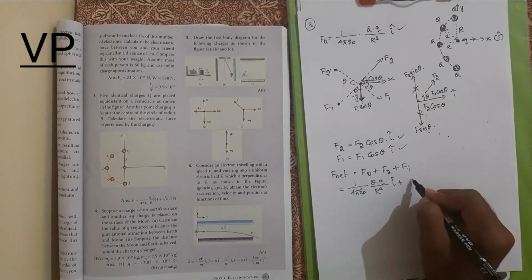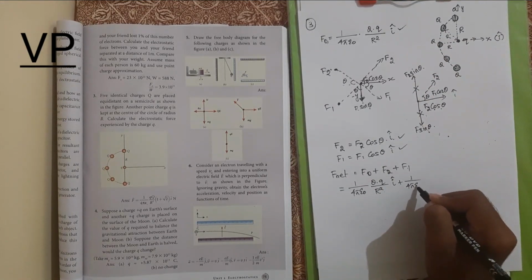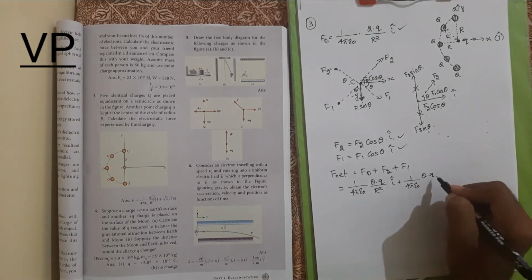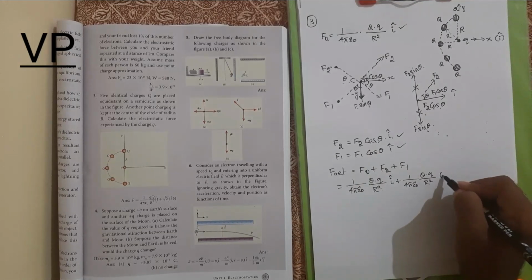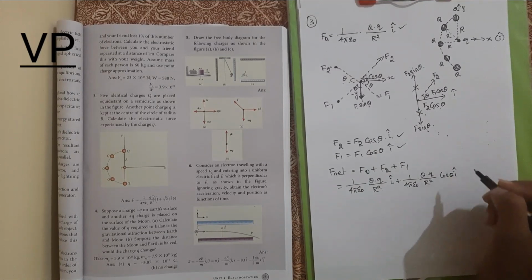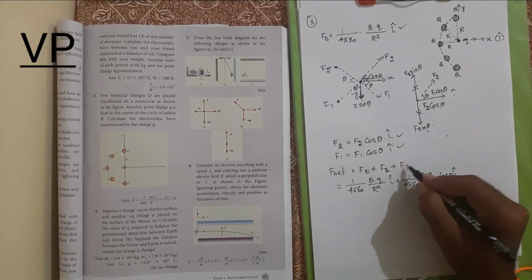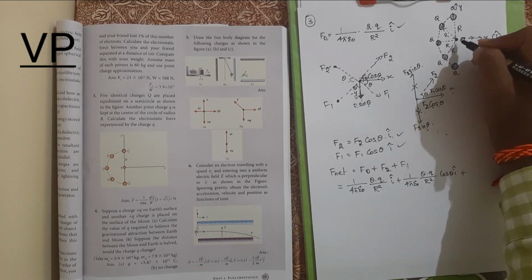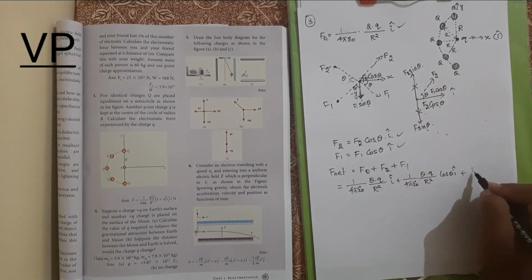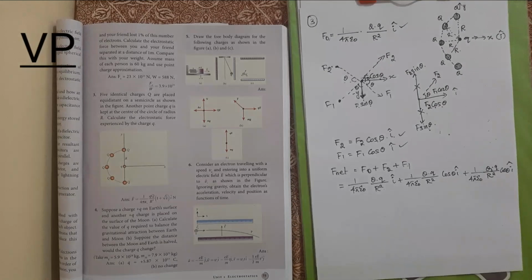So plus 1 by 4 pi epsilon naught capital Q into small q divided by r square, and there is a cos theta, so cos theta i cap. And for F1, that is the force due to the third charge here, this is also at a distance capital R, such that the two charges are capital Q and small q. So the force is 1 by 4 pi epsilon naught into q divided.